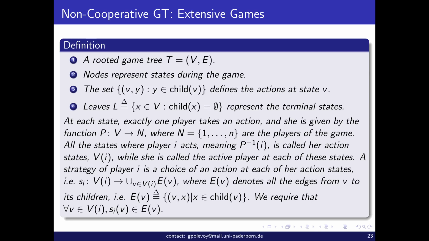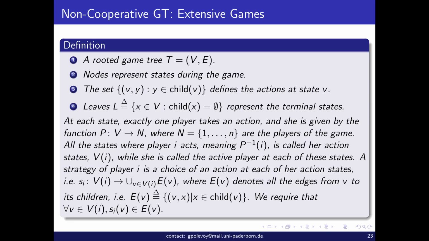I remind you, by the way, that a tree, originally undirected, is a graph which does not have cycles and which is connected, and it simply gets its direction from the root. Naturally we don't want a cycle in our game. We have a well-defined play from the beginning to an end, and it is connected, so we can always continue, and get from the root to any leaf.